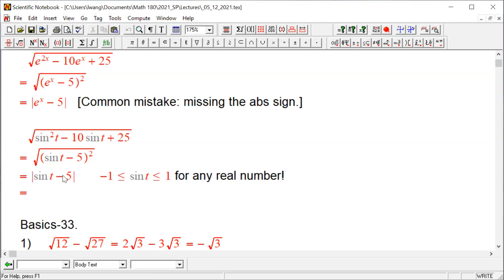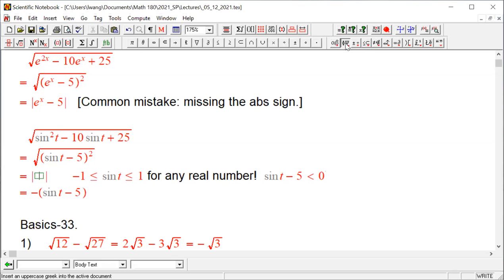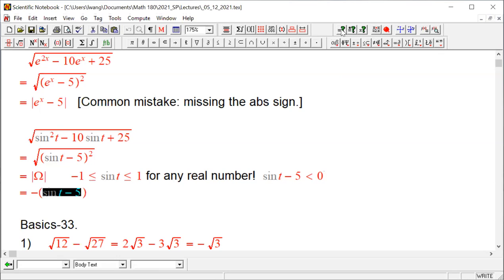Therefore, sine t minus 5 is always negative, forever negative. And the absolute value of a negative number is its opposite.